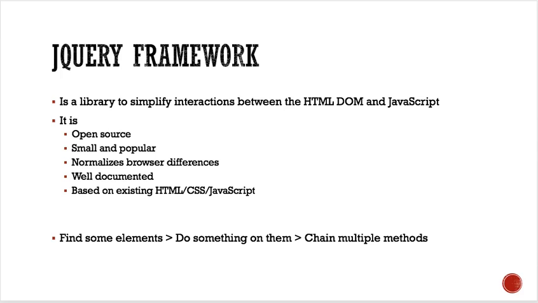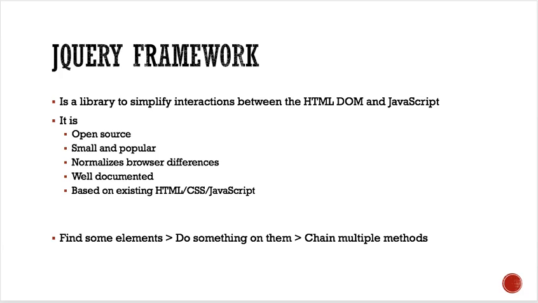Now, the basic process to work with jQuery is that you use jQuery to find some HTML elements on an HTML document, and you do something to them, and subsequently use other methods to keep doing things to them.